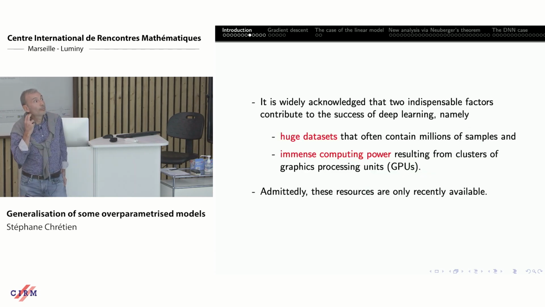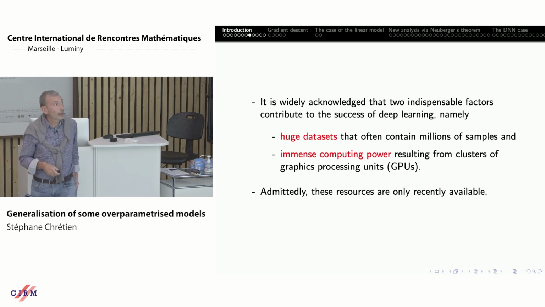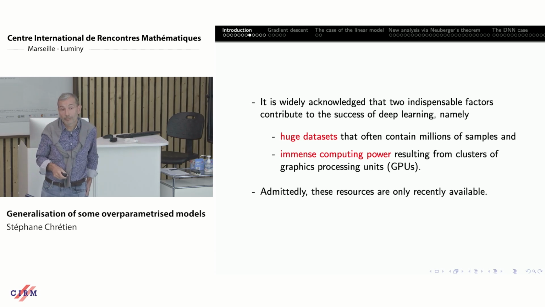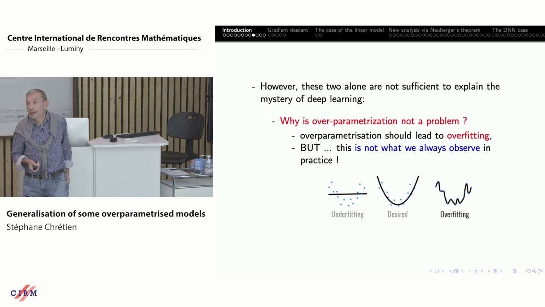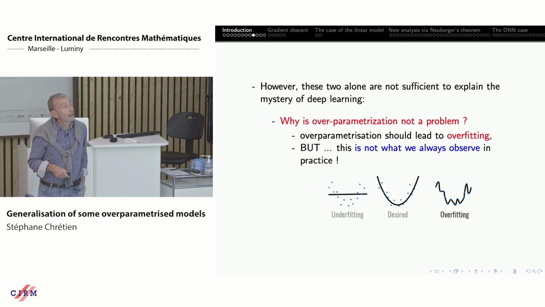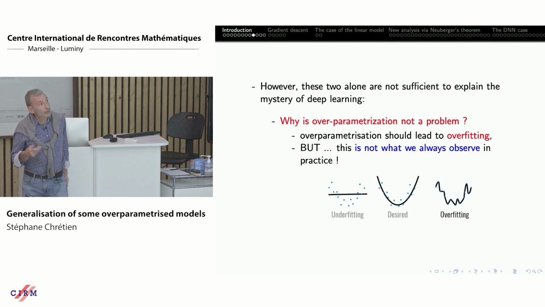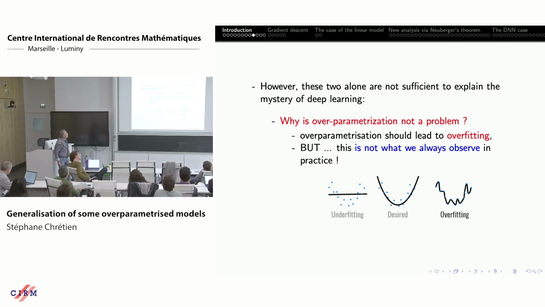Of course, it works because we have a lot of data and we have a lot of computing power. But this is not enough. And there must be something interesting going on that explains the generalization capabilities of such architectures.